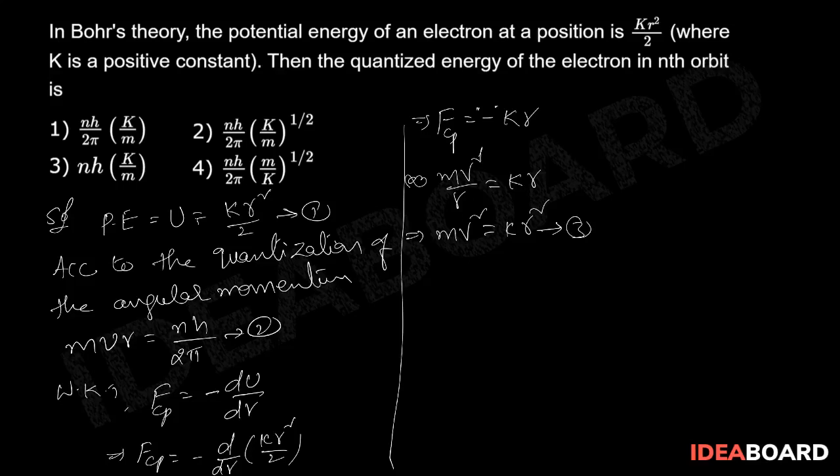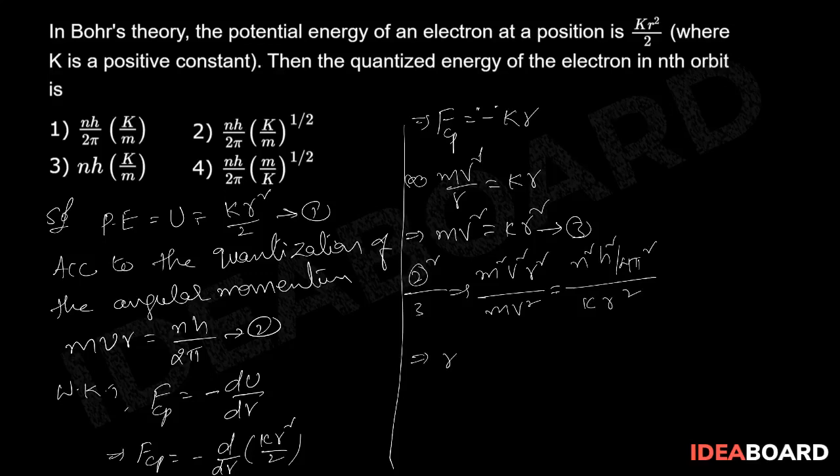Now from equations 2 and 3, square equation number 2 and divide it by 3. You will get m square v square r square divided by mv square equals n square h square by 4 pi square divided by kr square.